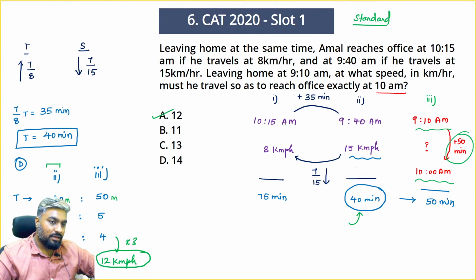Whatever speed they are traveling, because the distance is constant, speed's ratio will be inversely proportional to time. So 40:50 is 4:5. If the ratio of time is 4:5, then the ratio of speed should be 5:4. This is 5 parts. 15 kilometers per hour is 5 parts. So 4 parts will be 12 kilometers per hour. Okay?